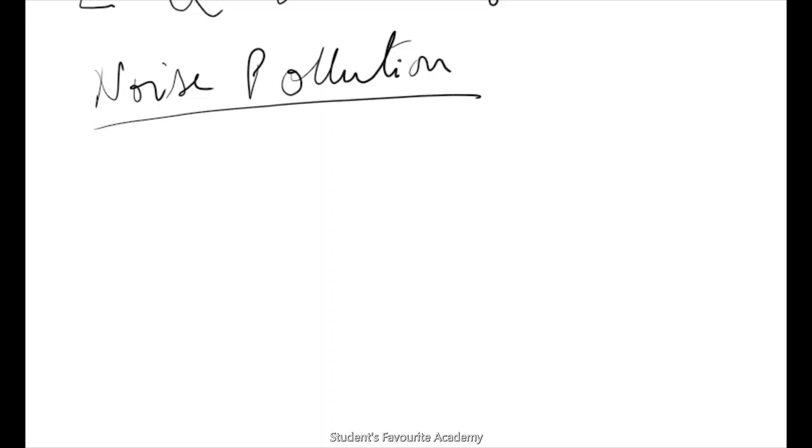Now, disturbance produced in the environment due to undesirable loud and harsh sound of level above 120 decibel from various sources such as loudspeakers, siren, moving vehicles, etc. is called noise pollution. So, a constant hearing of sound of level above 120 decibel can cause headache and permanent damage to the ears of the listener.